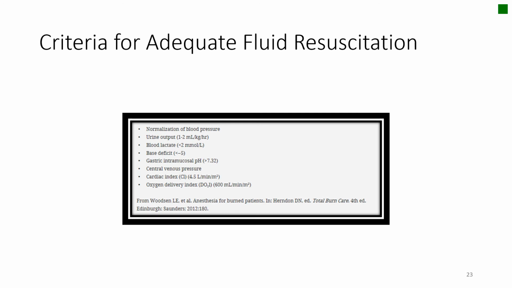Some of the criteria to determine that you've had adequate fluid resuscitation include normalization of your blood pressure, and urinary output at the appropriate level. Use the table from the previous slide to determine what that is. Blood lactate level of less than 2 millimoles per liter. Base excess or deficit less than -5. Gastric intramucosal pH greater than 7.32. Your central venous pressure, your cardiac index, as well as your oxygen delivery index.